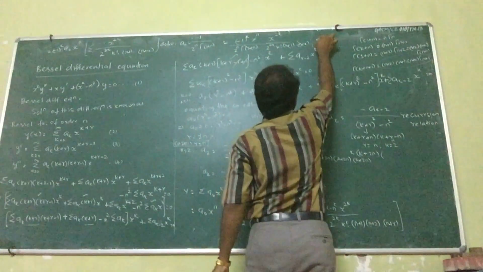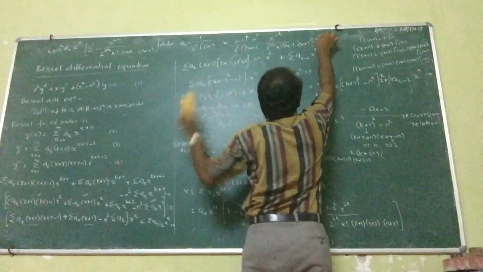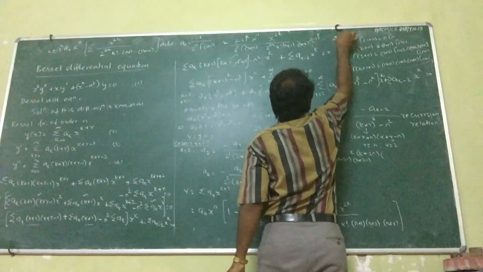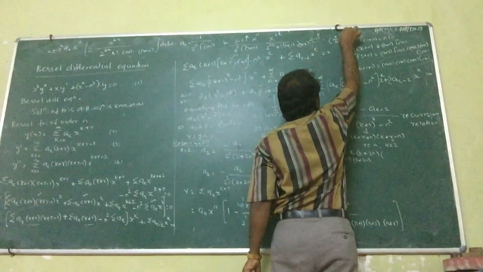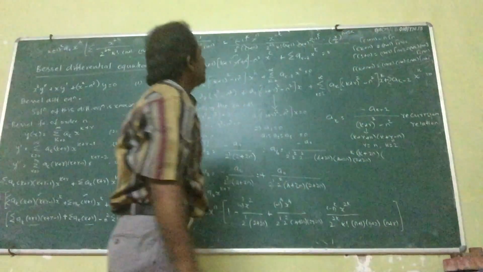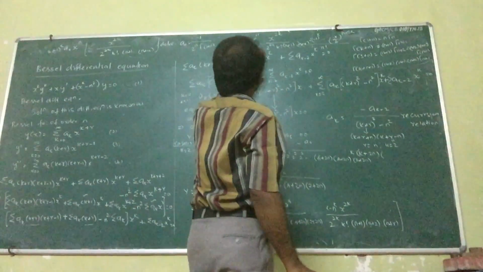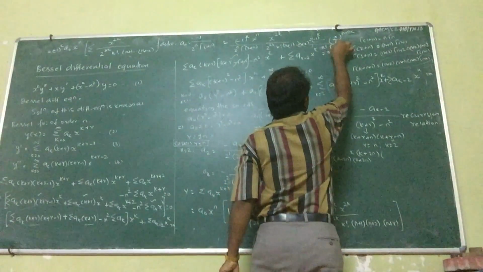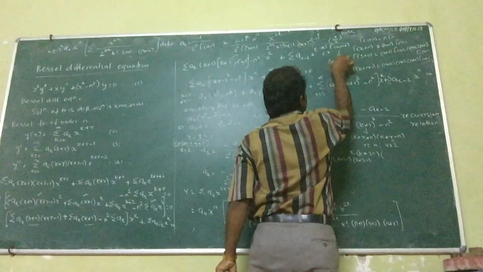So this term can be written as minus 1 to the power k, x by 2 to the power n plus 2k, divided by k factorial, multiplied by gamma k plus n plus 1.